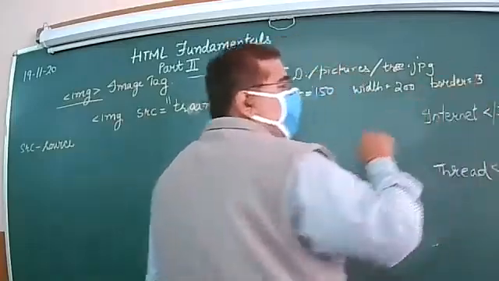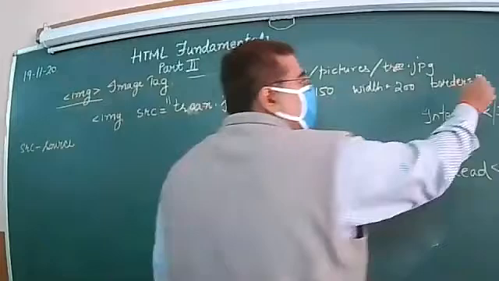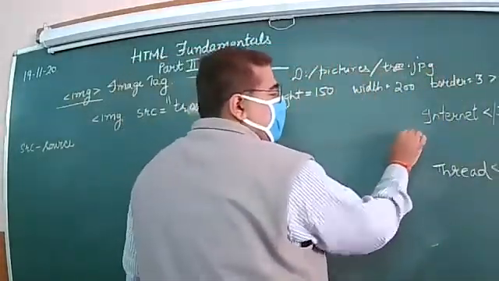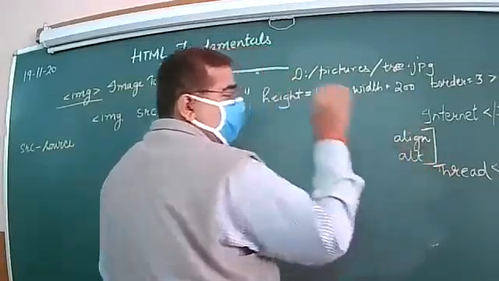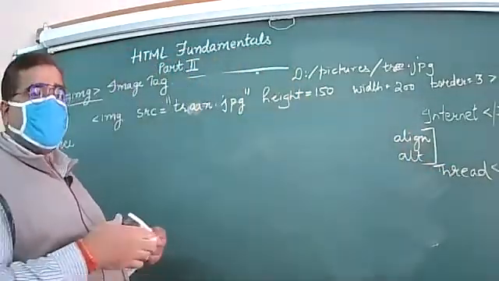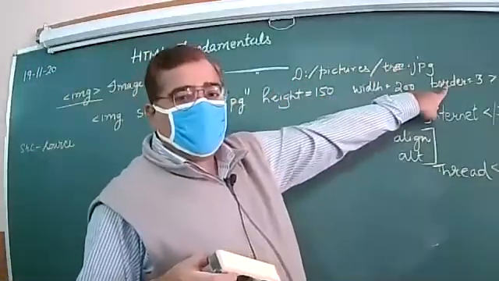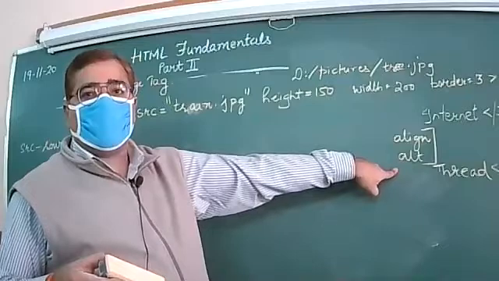I'm giving the border with the value 3. Right? Then there are two more attributes of image, that is align and alt. Apart from these attributes, SRC, height, width, border, there are two more attributes, align and alt.